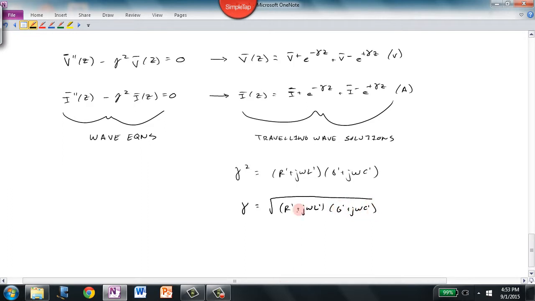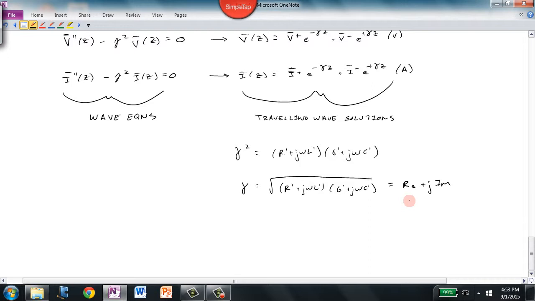And if we were to carry out the multiplication underneath here and then take the square root of it, we would get some number that had a real portion associated with just the r prime and the g prime, and some portion that had an imaginary part because of the j's underneath that radical. It turns out that this is alpha plus j beta, where alpha is the attenuation constant that we showed in the traveling wave equation, and beta is the wave number that we showed in the traveling wave equation.